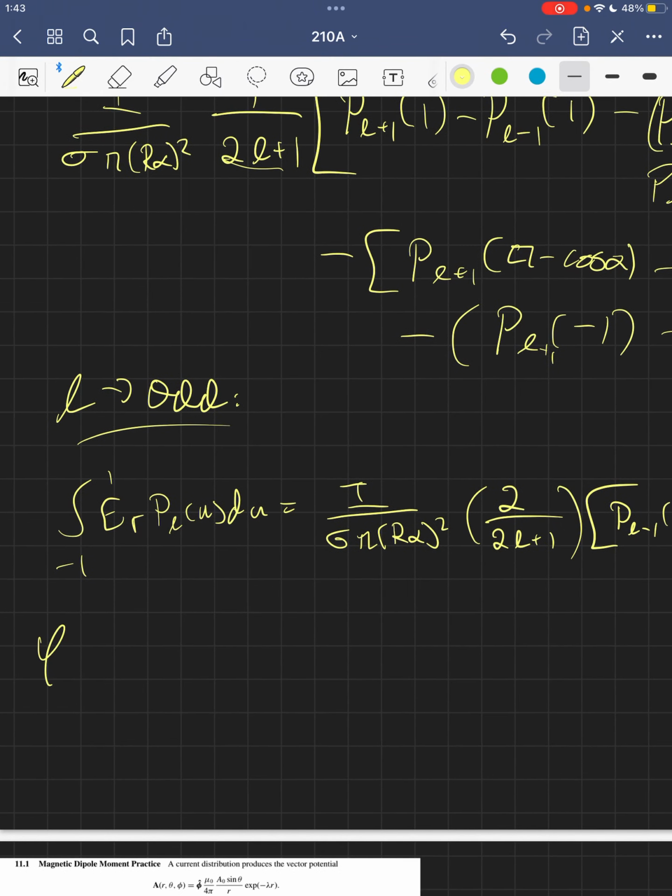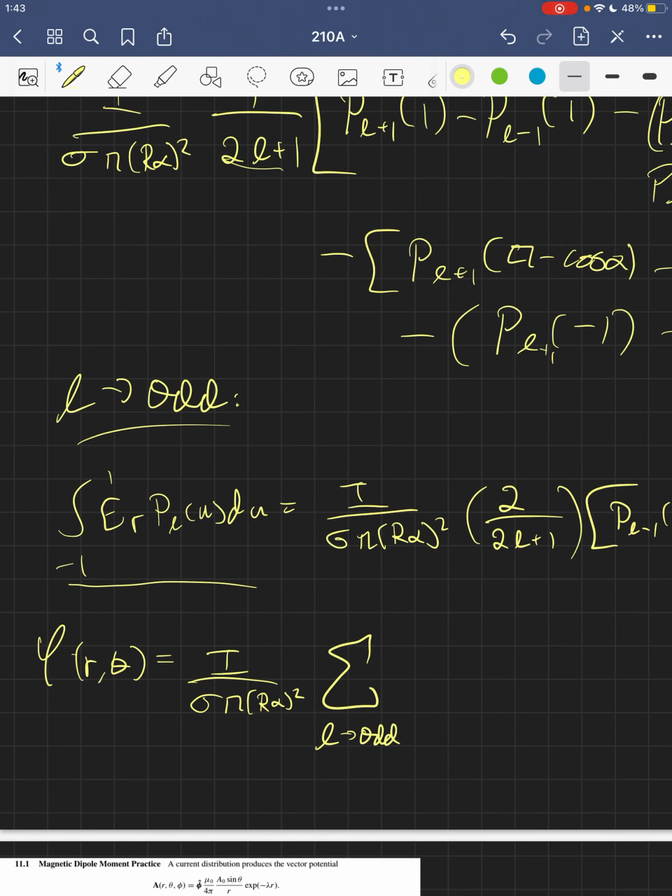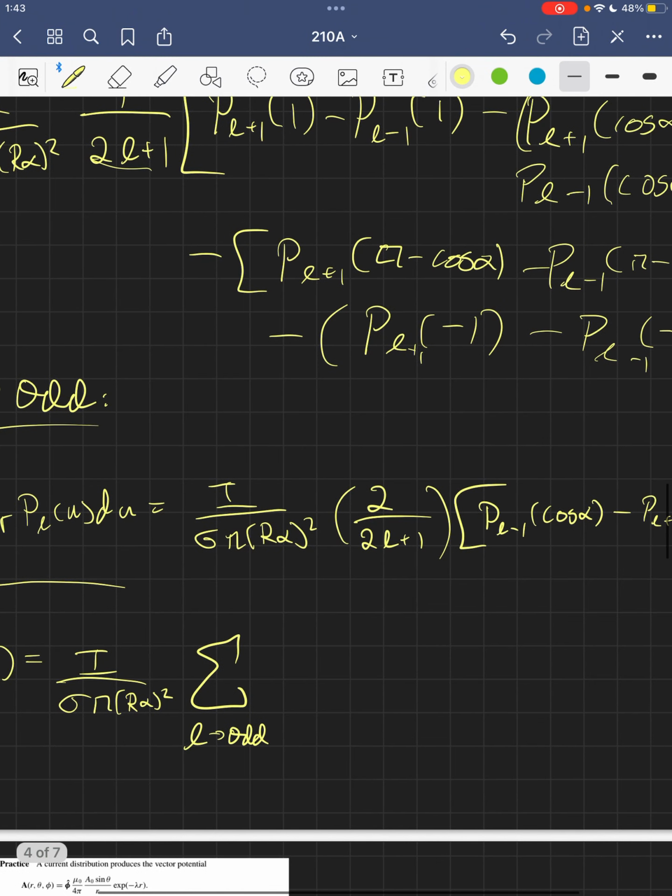And what we get, because remember this was part of A, is phi of r and theta has to equal I over sigma pi r alpha squared. Again, we're taking L as odd.